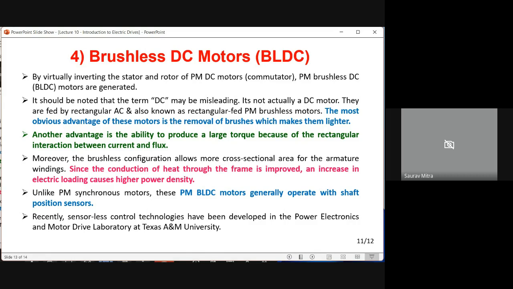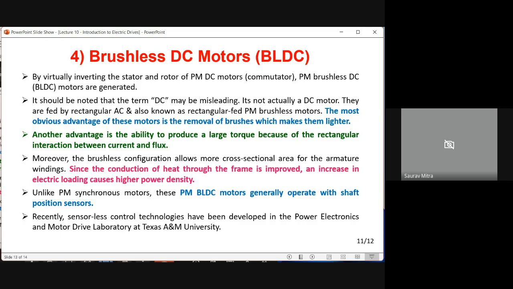So actually we are inverting the stator and rotor part. And this is commutator-less and there is no field coil, so it is a permanent magnet brushless DC motor.